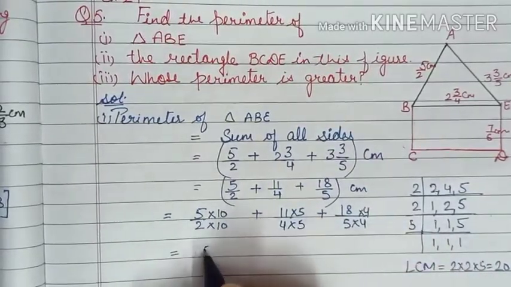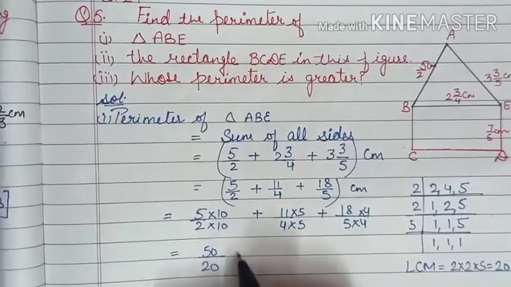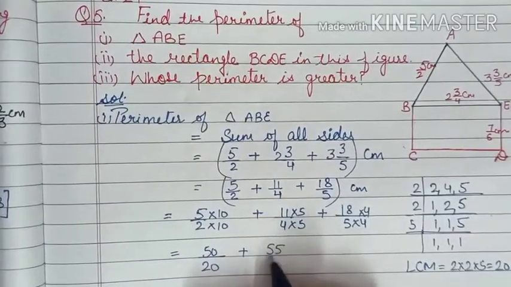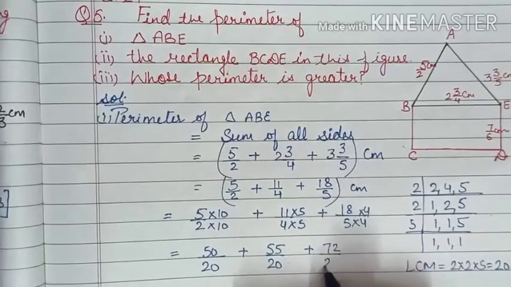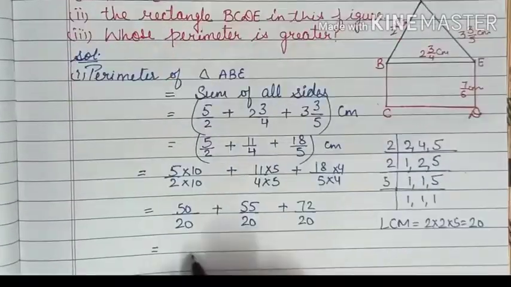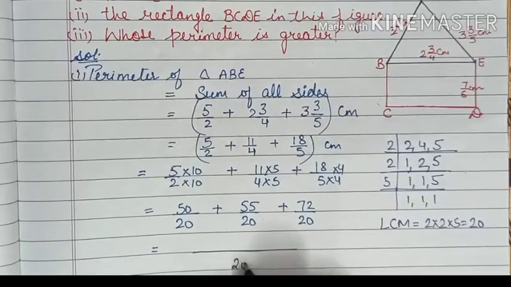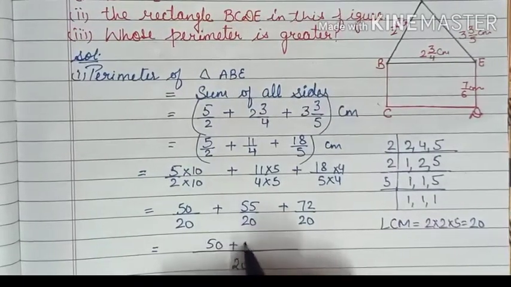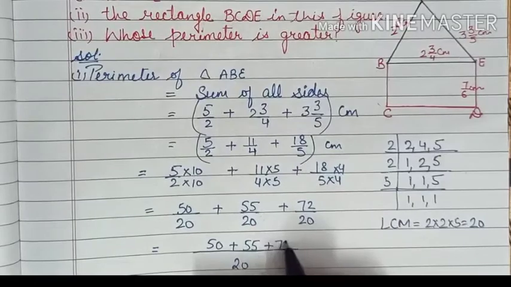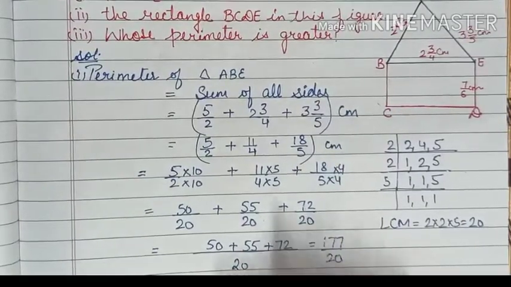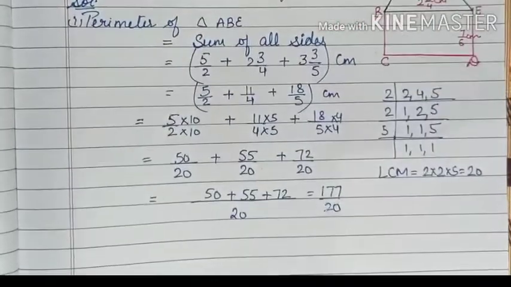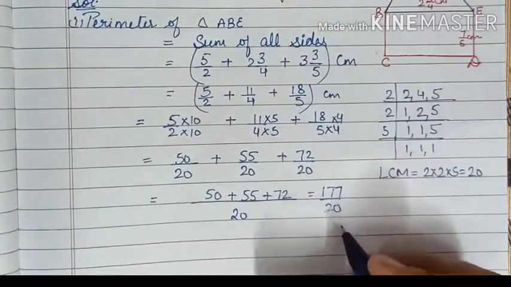Now it comes equal to 50 upon 20 plus 55 upon 20 plus 72 upon 20. Now we'll write the common denominator 20. It will be equal to 50 plus 55 plus 72, that is equal to 177 upon 20. So we have got the sum equal to 177 upon 20.